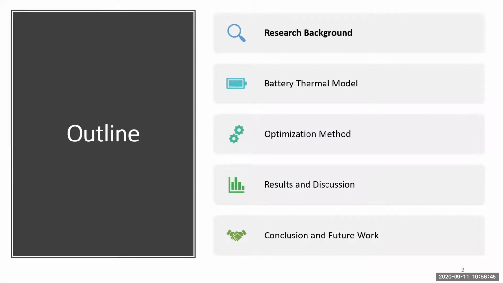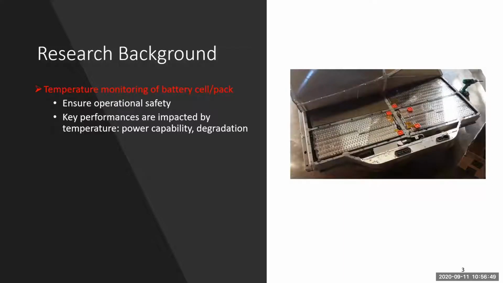First, let's look at the background of this research. The capability of temperature monitoring of a battery system is important because we need to ensure safety during operation. In addition, key performances such as power capability and cell degradation are largely impacted by cell temperature.